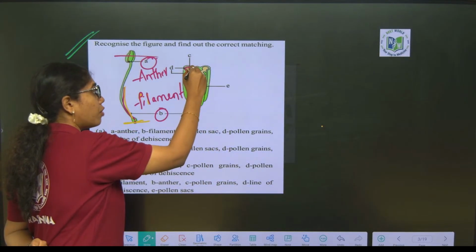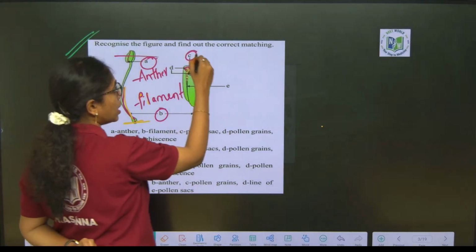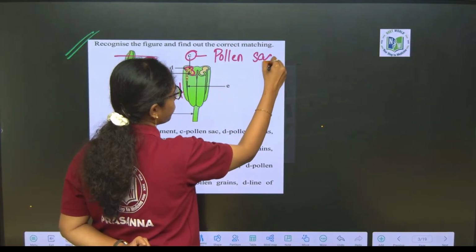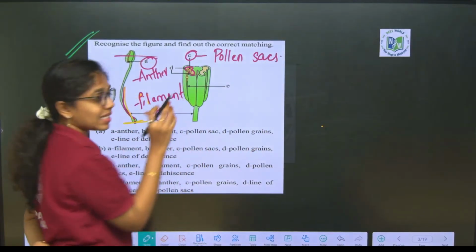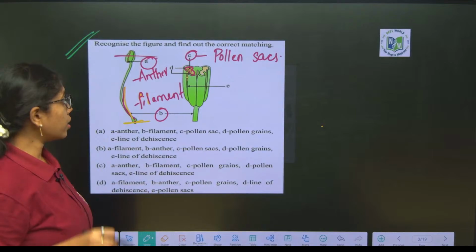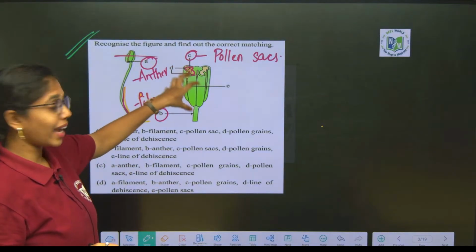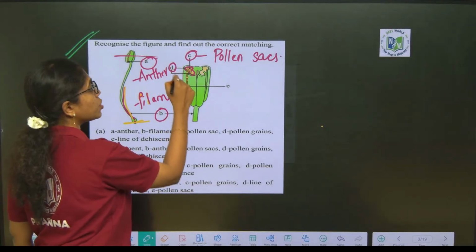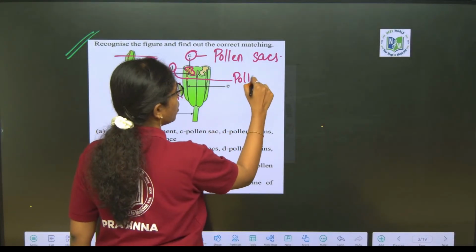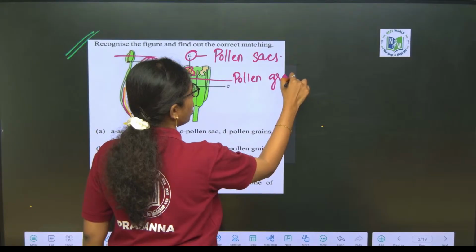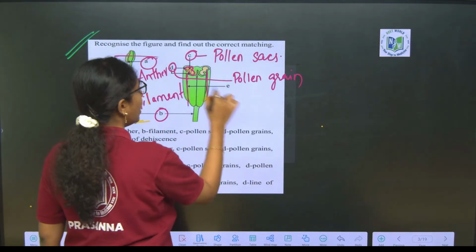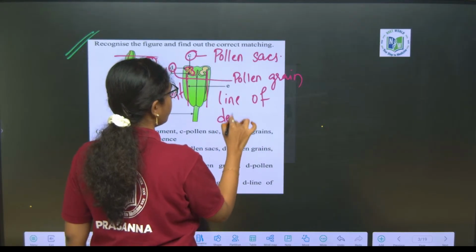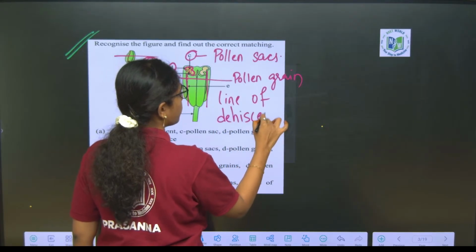Inside it you have pollen sacs, C. And D is inside the pollen sacs. At the time of dehiscence or dispersal, what will be formed? D is pollen grains. And E is the line of dehiscence.